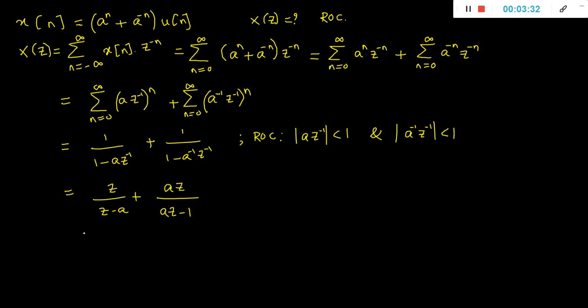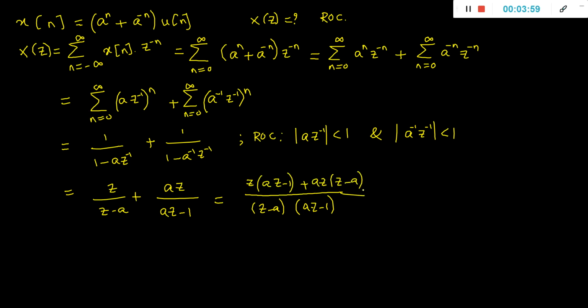So you can just take the LCM of this and write it as z minus a into az minus 1. The numerator we have is z into az minus 1 plus az into z minus a.